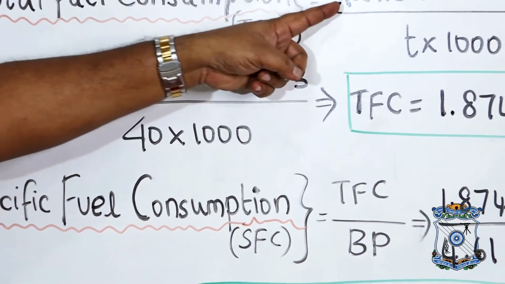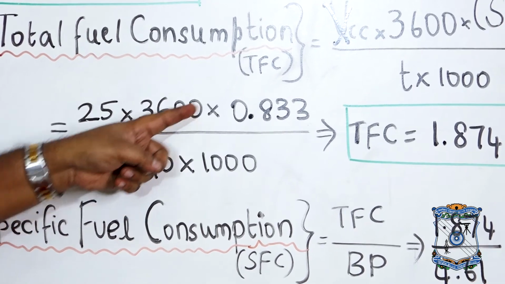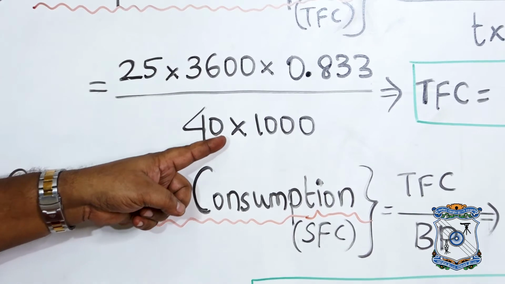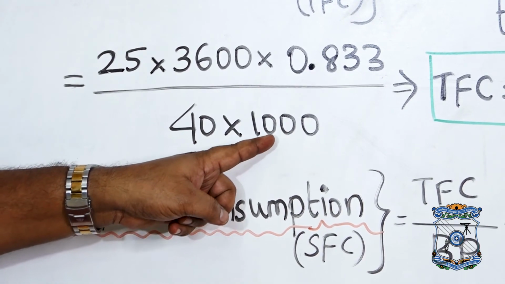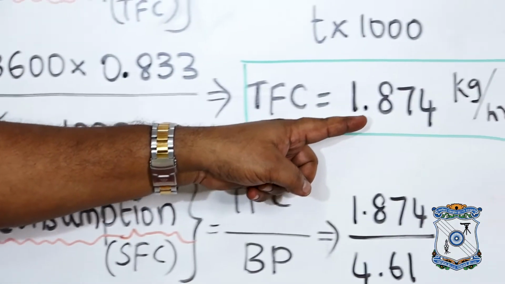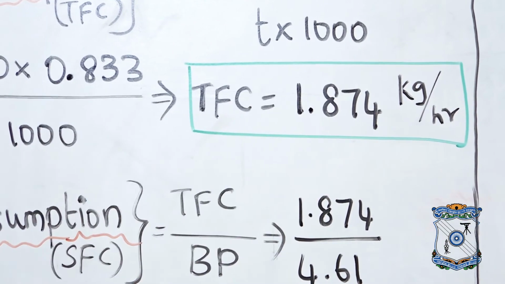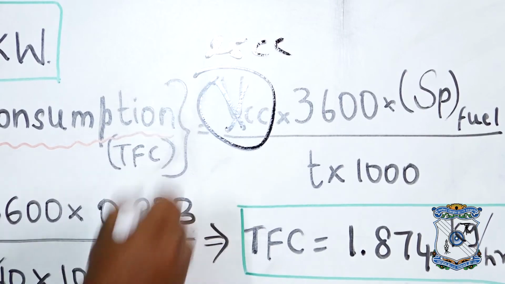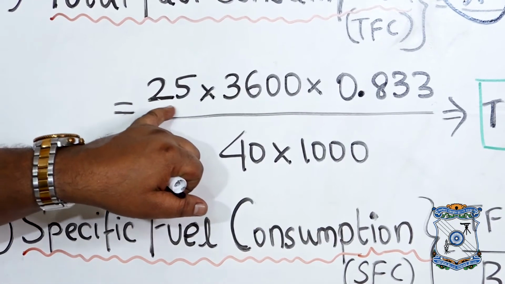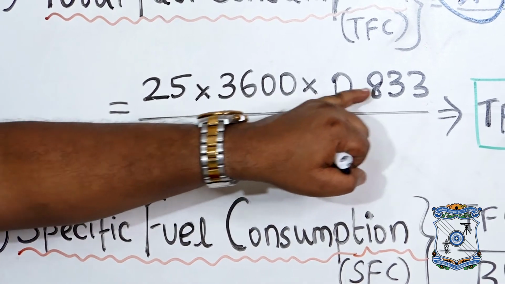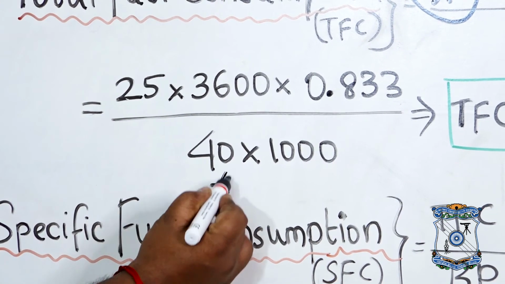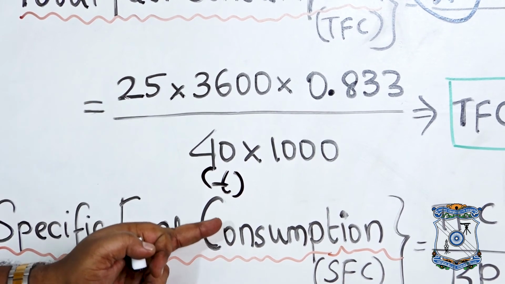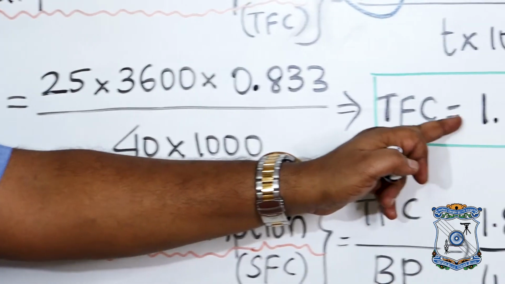So this TFC will be equal to 25 into 3600 into specific gravity of the fuel divided by 40 into 1000, which is equal to 1.874 kilogram per hour. The XCC is this 25 cc we have considered, so 25 into 3600 into 0.833 divided by the time taken for the consumption of this 25 cc of fuel, into 1000.